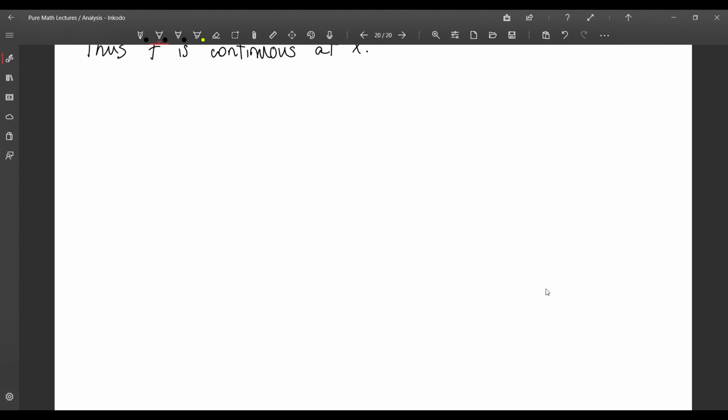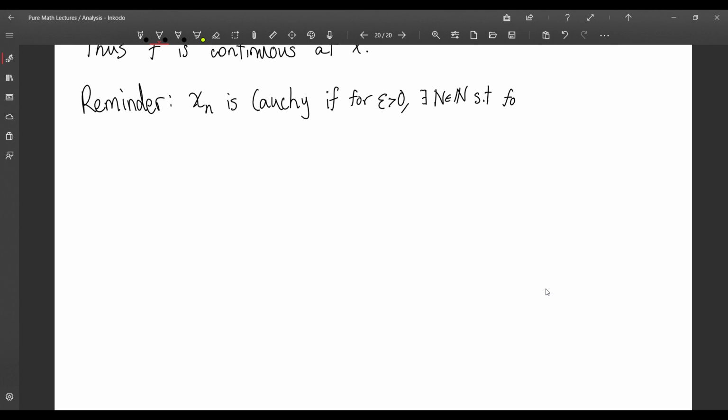So I guess first, as a reminder, a sequence is Cauchy, I believe is the pronunciation, Cauchy, if for any epsilon greater than 0, there is some natural number N, such that for any m and n greater than or equal to N, the distance between x sub n and x sub m is less than epsilon.